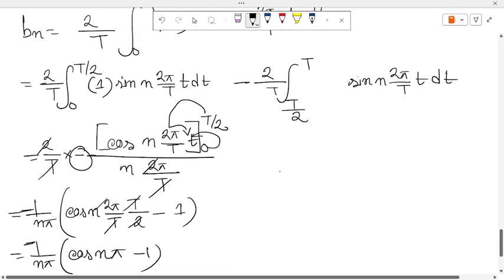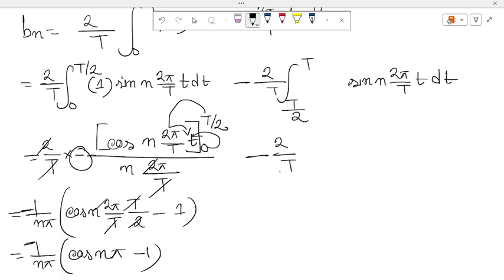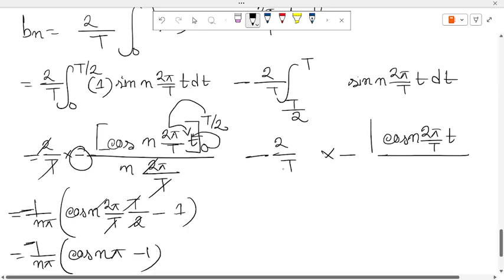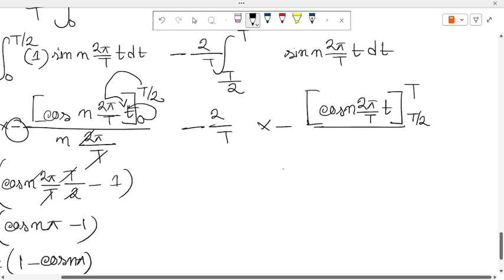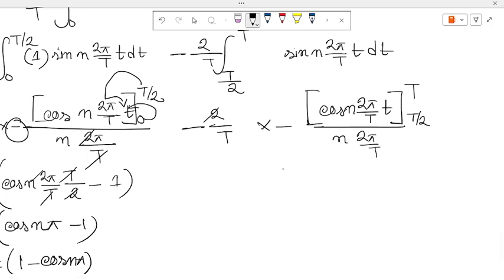So I have got the first term. Now I have to do the calculation with the second term. 2 divided by T, again if I integrate sine, I will have minus cos 2 pi by T from T by 2 to T, and at the denominator I have to write n 2 pi by T. So 2 cancels out, T cancels out.